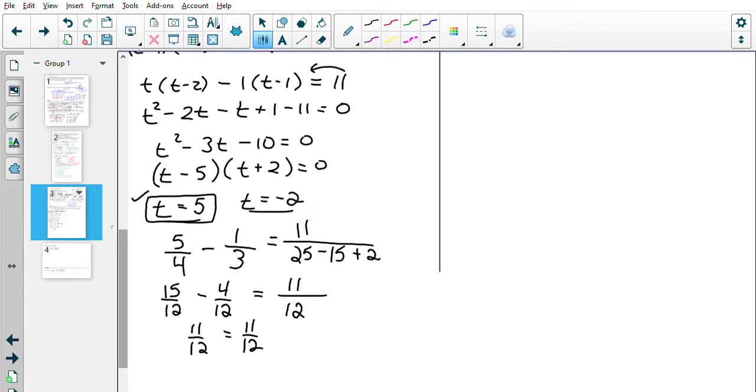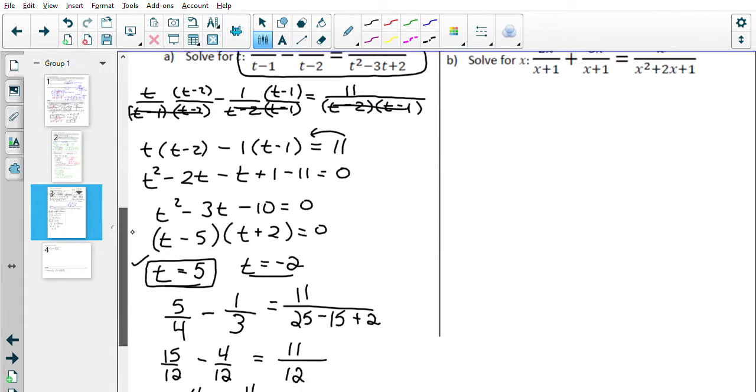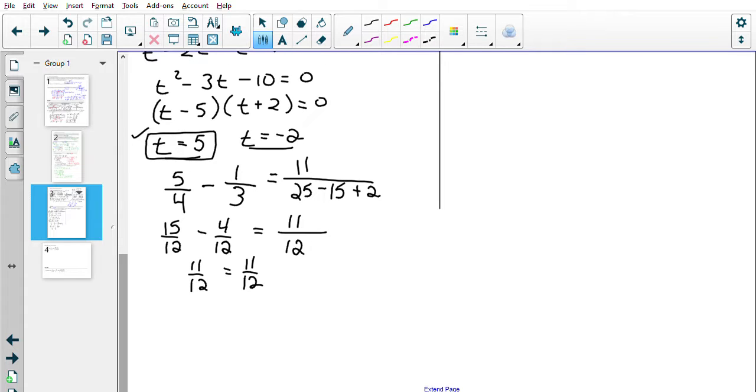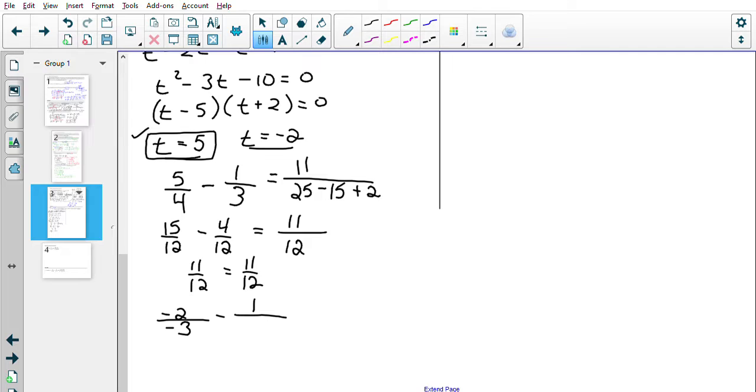Doing the same for minus 2. We have to then plug into our equation t over t minus 1. So minus 2 over minus 2 minus 1, subtract 1 over, the next one was t minus 2, so minus 2 is a minus 4, equals 11 over the negative 2 squared, minus 3, I think.